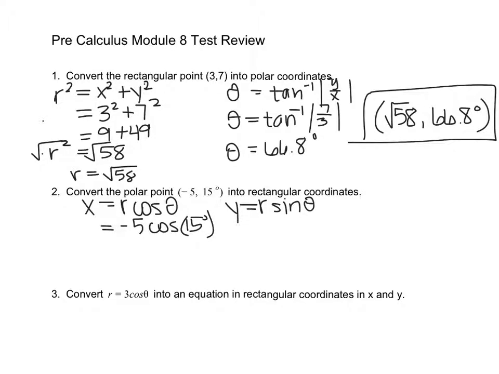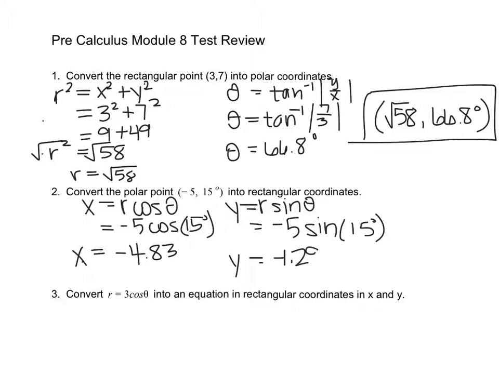Now 15 degrees is not on the unit circle, so we can just use a calculator to evaluate. And -5 times the cosine of 15 is going to give us -4.83 for x. For y, we get -5 times sine of 15 degrees. And again, using a calculator, we get y is approximately -1.29.